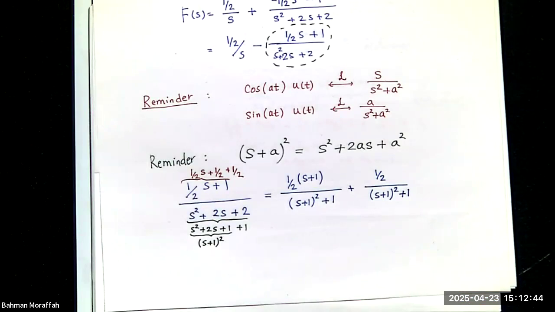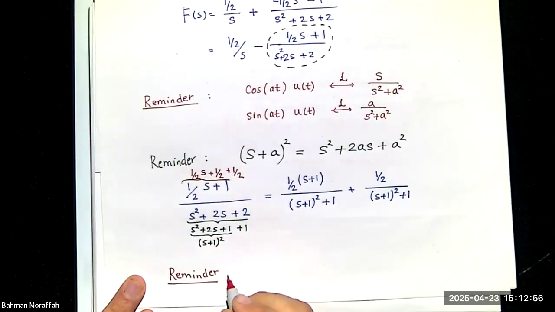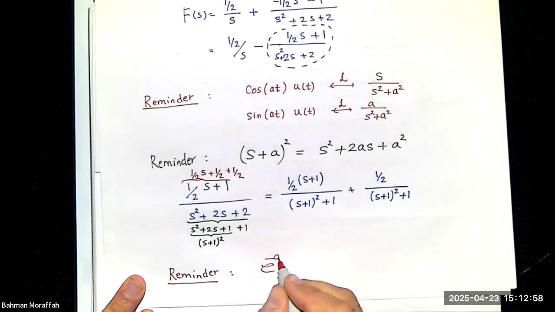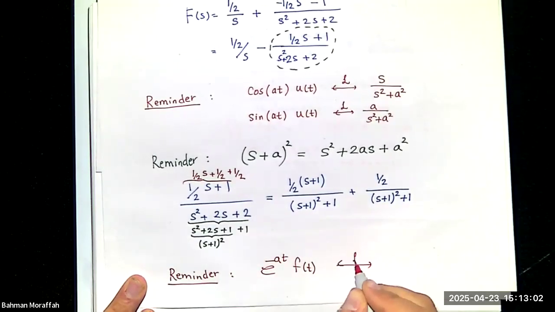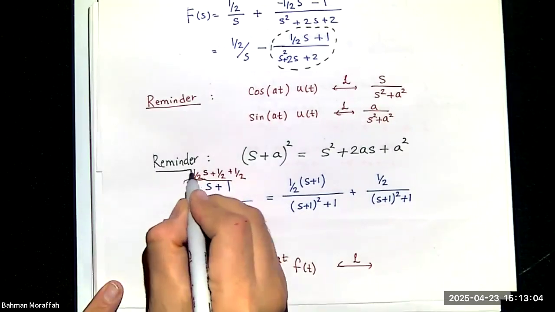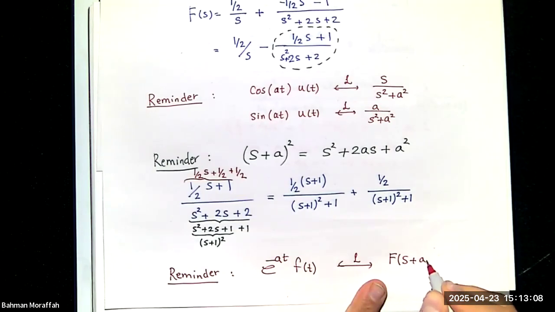I know if I shift in the s domain, it means in the time domain I have to multiply it by an exponential. So a reminder. If I have e to the power of minus at f of t, the Laplace transform of this is F(s plus a).